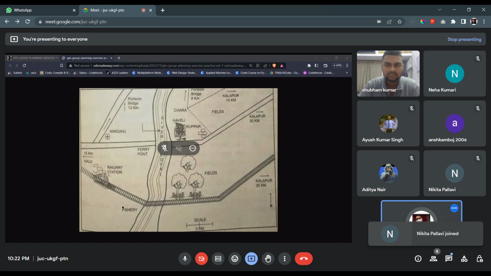The one or two guys at the railway station could go towards the fishery and take the boat to the connection between the Haveli and the river. In the meantime, while they are apprehending the terrorists at Chara village, they can take the boat towards the Haveli. Am I clear?